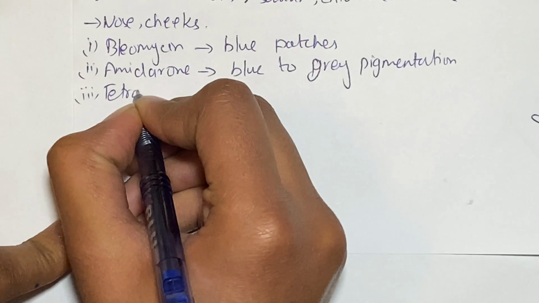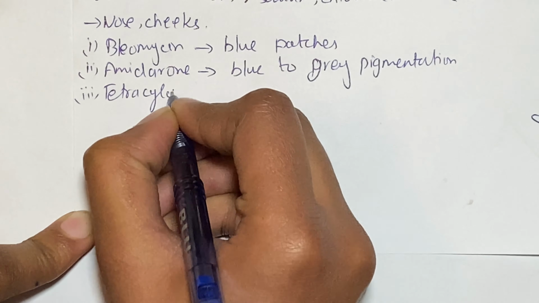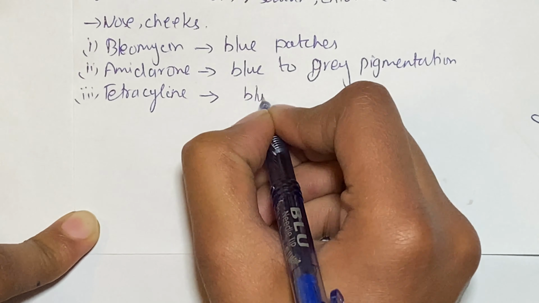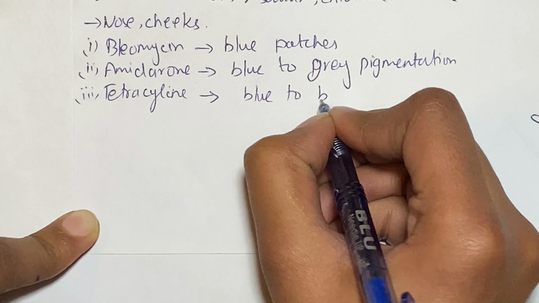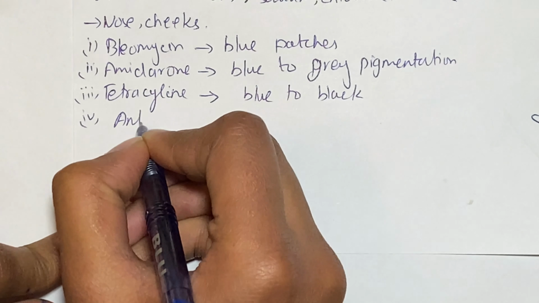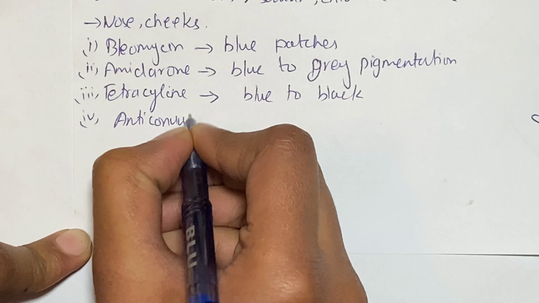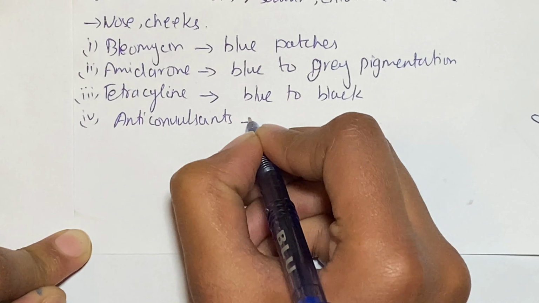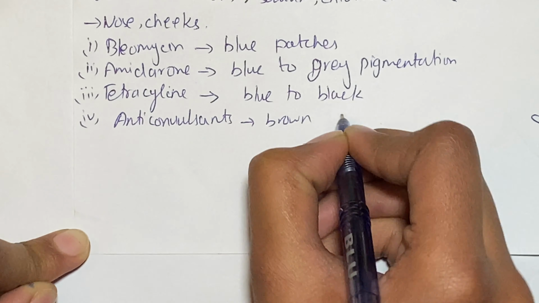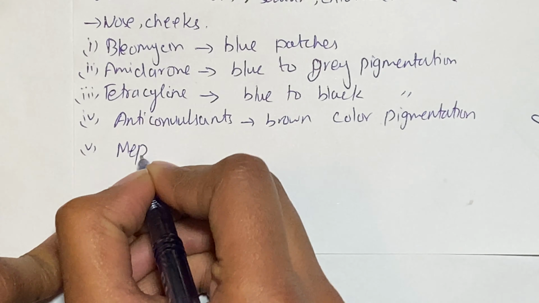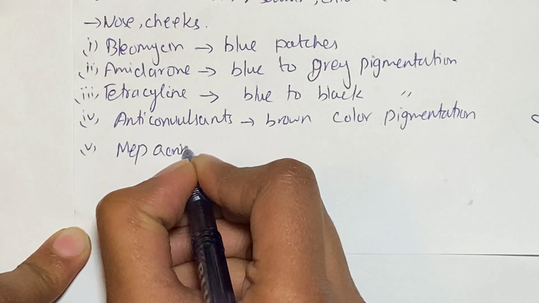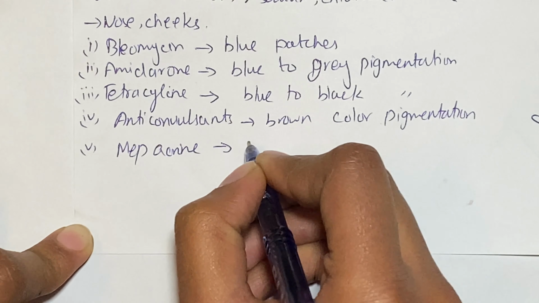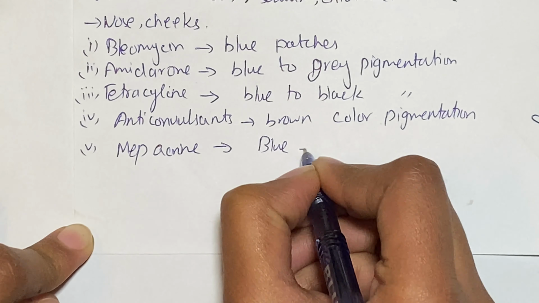And next, tetracycline, which is antibiotic, it can cause blue to black pigmentation on the skin. Anticonvulsant drugs can cause skin to have brown color pigmentation. And mepacrine, which is actually anti-malarial drug, it can cause skin to have blue to black pigmentation.